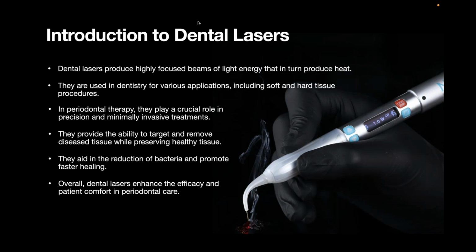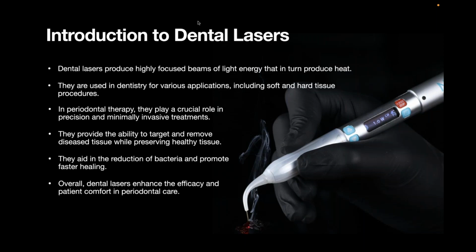Well, first we have to know the different morphology of diseased tissue and healthy tissue. When we're talking about diseased tissue, it has all these different pathogens. It usually has a little bit of necrosis, so it tends to be darker, as opposed to healthy pink tissue. The laser energy is going to have a stronger affinity for dark pigmentation.